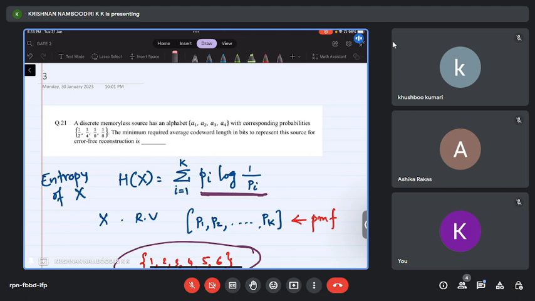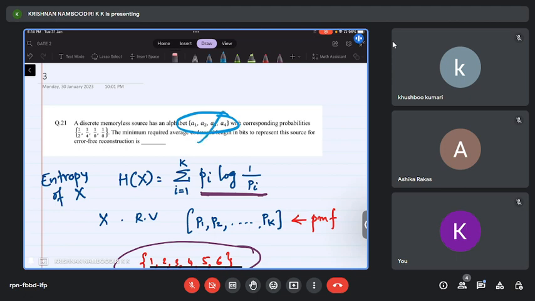See, a source that continuously emits alphabets. The alphabet will be one out of these four: A1, A2, A3, A4, and the probabilities associated with them are 1 by 2, 1 by 4, 1 by 8, 1 by 8. This is the PMF of the source alphabets.